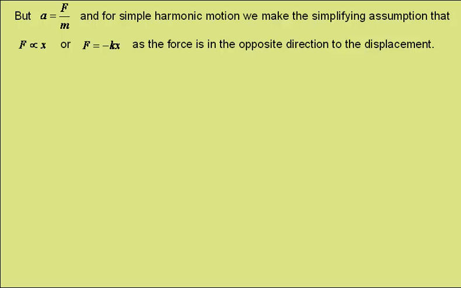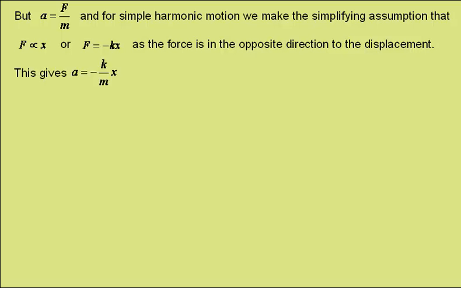But for any body, acceleration is equal to the force divided by the mass, and for simple harmonic motion we make the simplifying assumption that the force is directly proportional to the displacement, or F is equal to minus a constant kx, the minus sign because the force F is in the opposite direction to the displacement x.